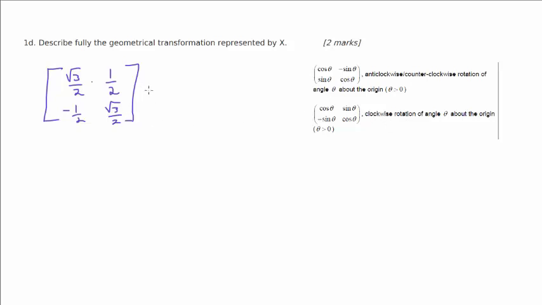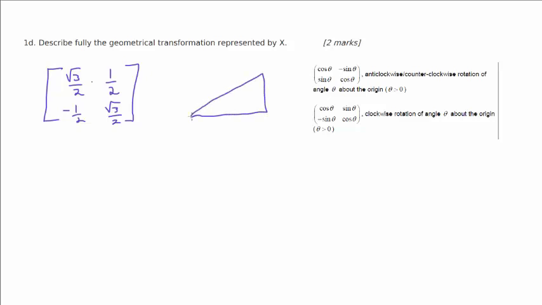How do I recognize this to be a cosine? It's really coming from the fact that I have this square root of 3/2. If you know trig identities and trig functions, the square root of 3/2 and 1/2 are all related to a 30, 60, 90 triangle.